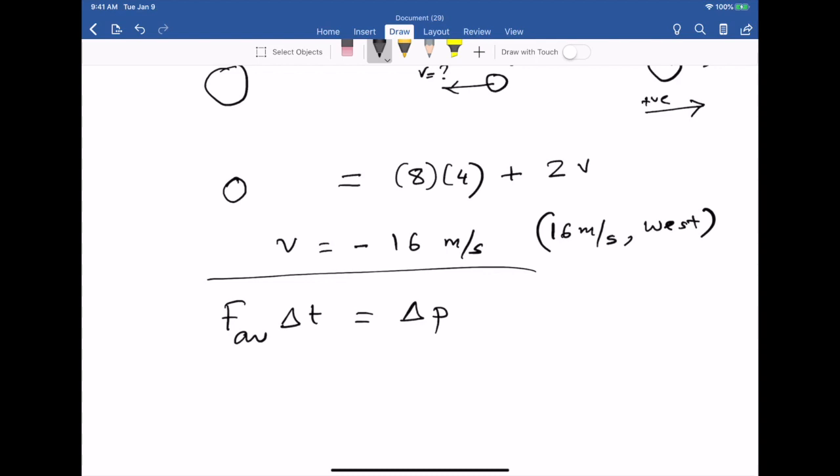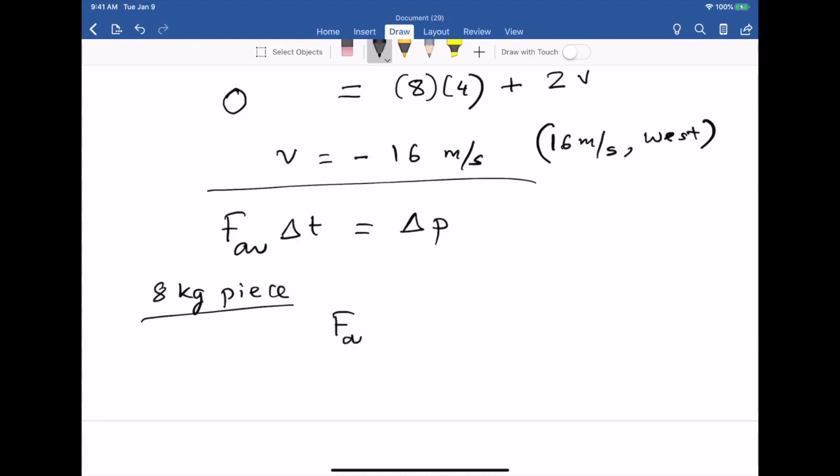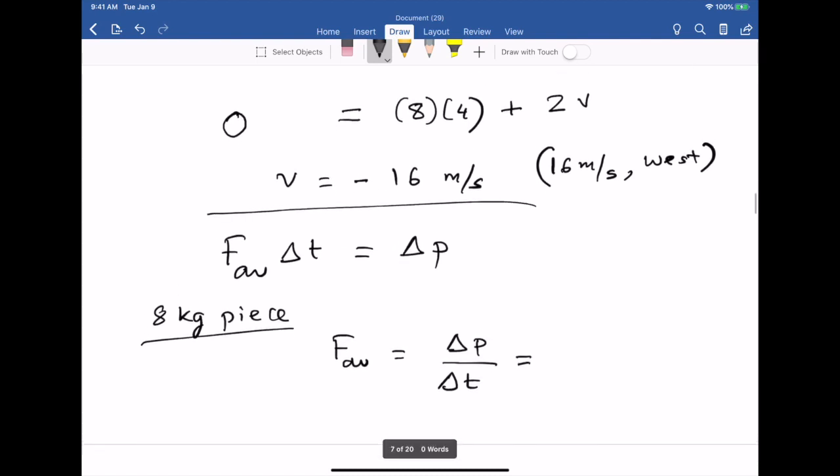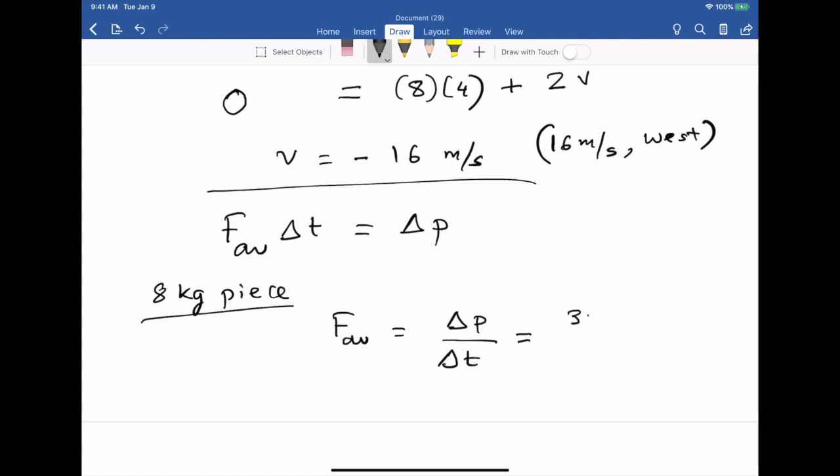So let's consider the 8 kg piece first. The average force felt by the 8 kg piece would be the change of momentum for this piece divided by the time it took for that momentum to change. So what was the final momentum of the 8 kg piece? It was 8 times 4, which is 32 kg meters per second, minus the initial momentum, which was 0 because it was at rest, divided by the time over which that change happens.